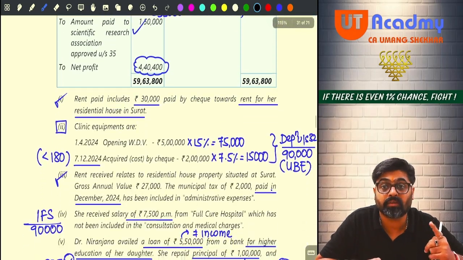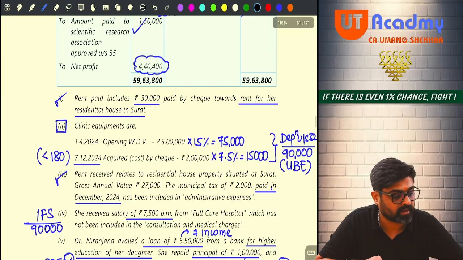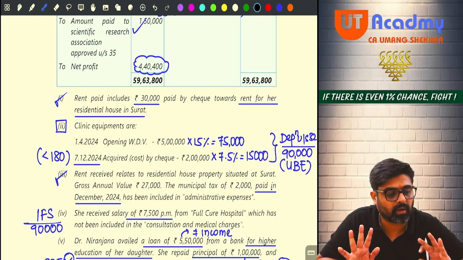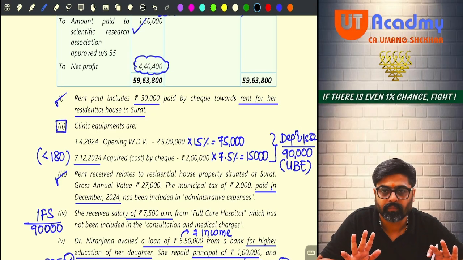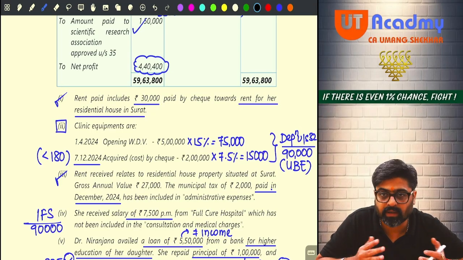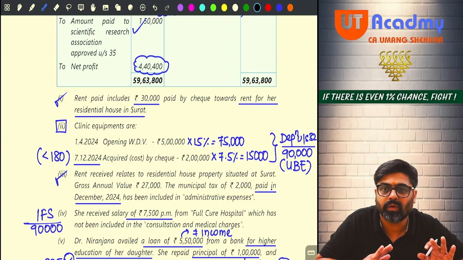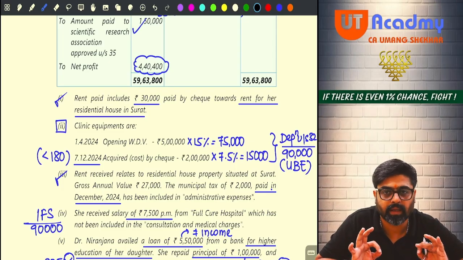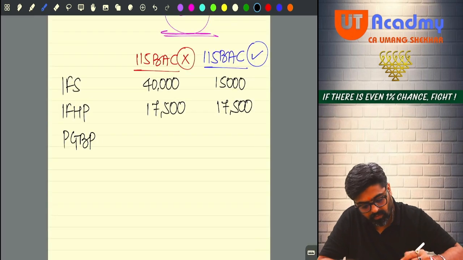There is unrecorded business expense, 90,000 depreciation. Reduce 90,000 depreciation. Any other unrecorded business expense? No. Any unrecorded business incomes? No. You have already done all the markings, my dear friends. Now on your calculator, can you see 3,04,450? That will be your PGBP income.